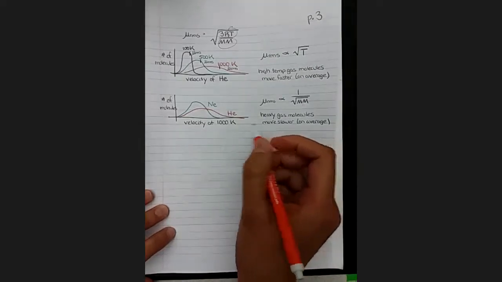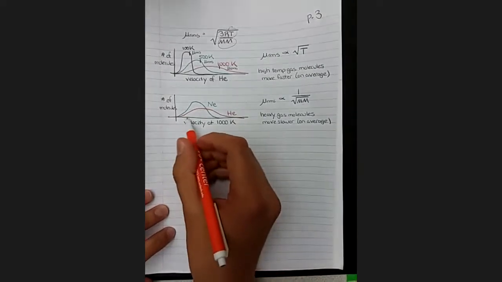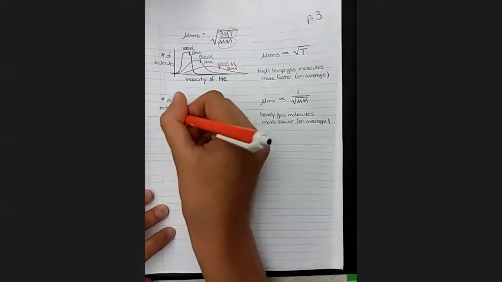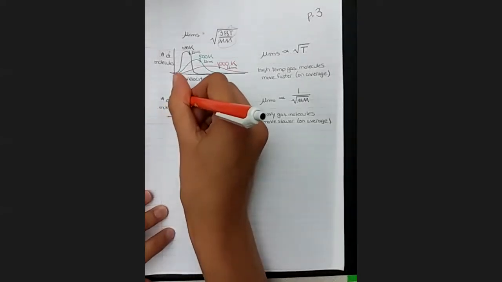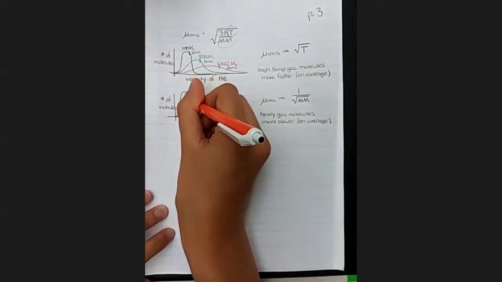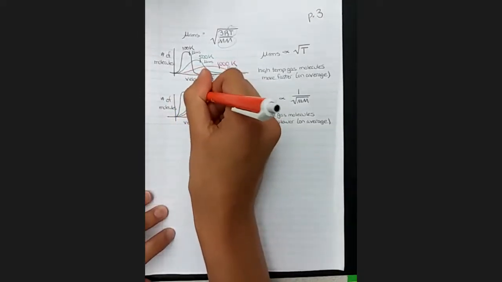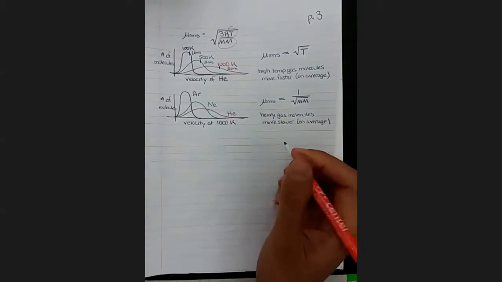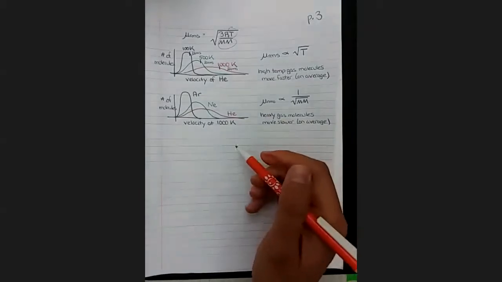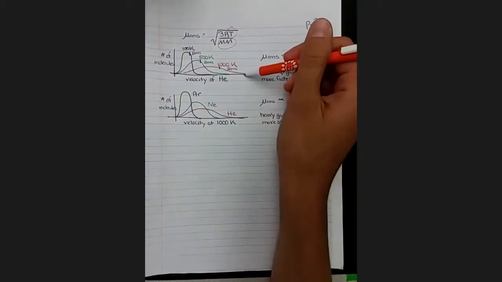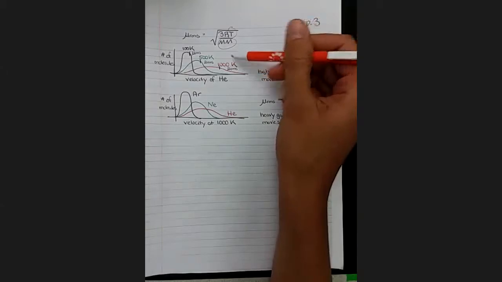On average, the herd is going to be moving much slower than something that's much smaller. So we're going to have a very tall, thin distribution at lower velocities for argon.